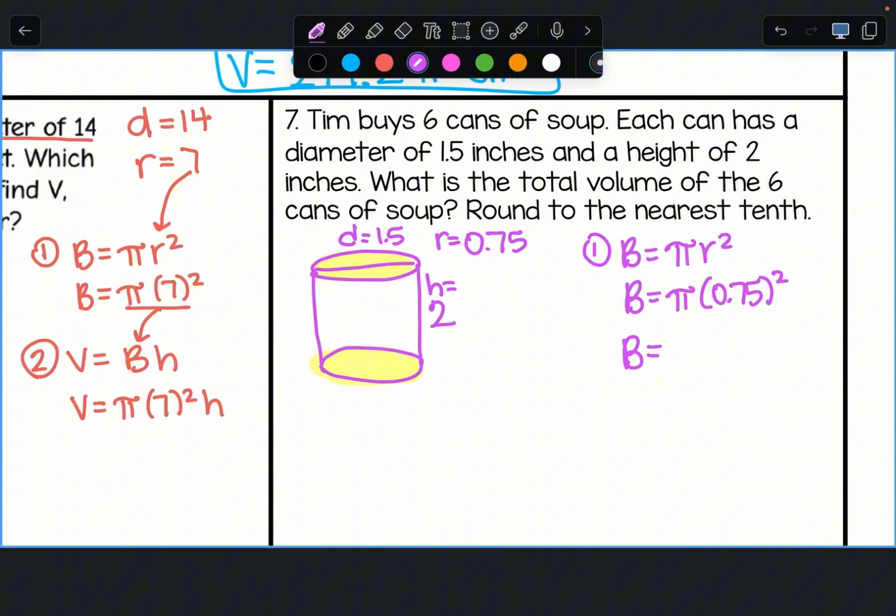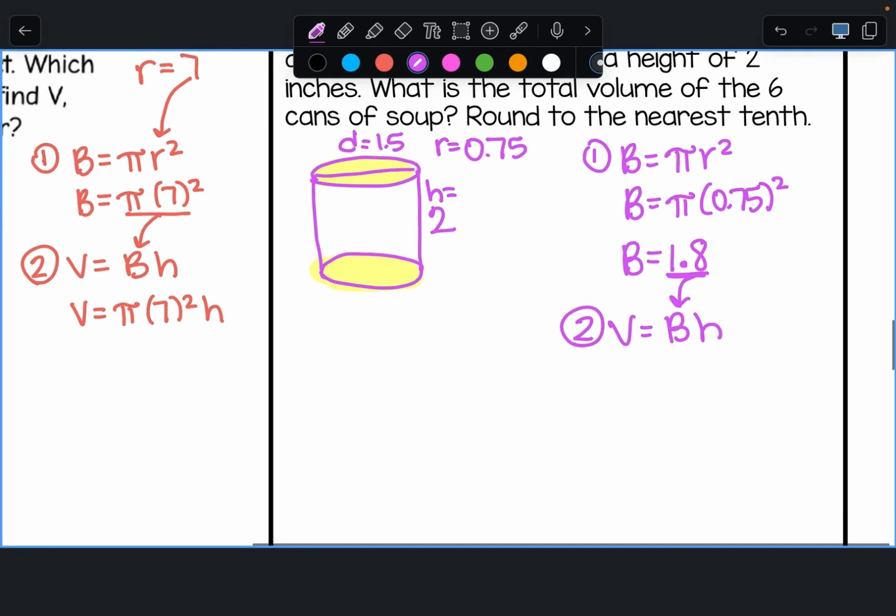I was going to type that wrong. 1.8. And then I put that number into my volume. So 1.8 times the height, which is 2.